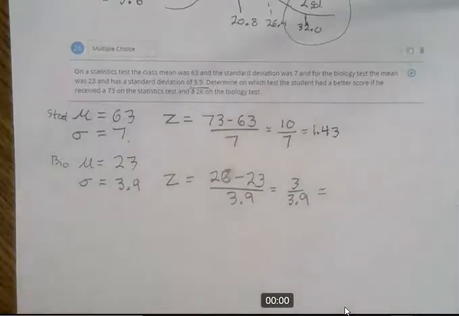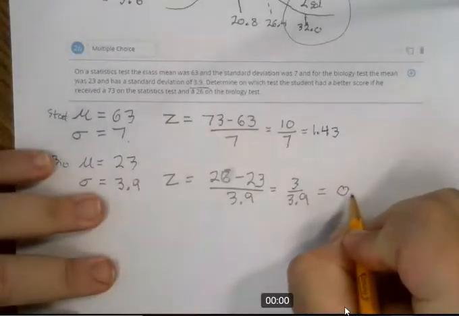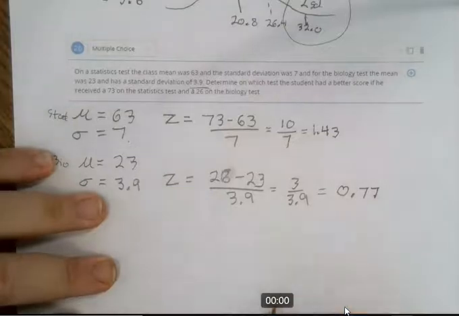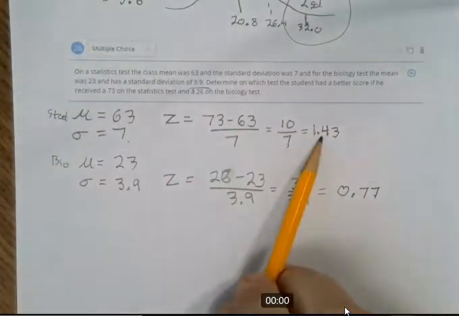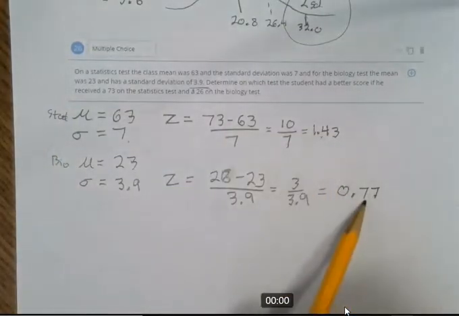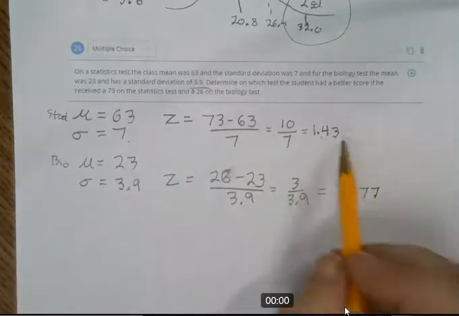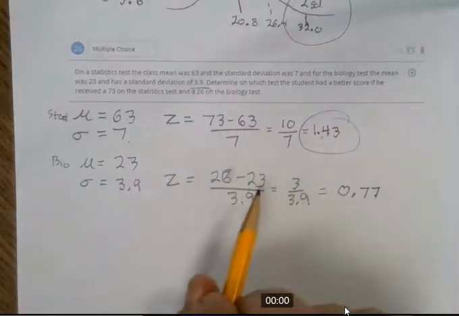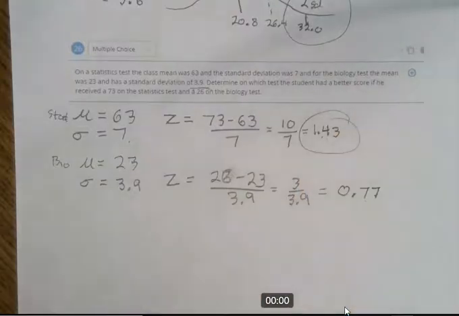And that's 0.77. Okay, so that's 1.43 standard deviations above, versus 0.77. That's a higher relative score. So this would be the better score, 1.43. All right, that takes care of that.